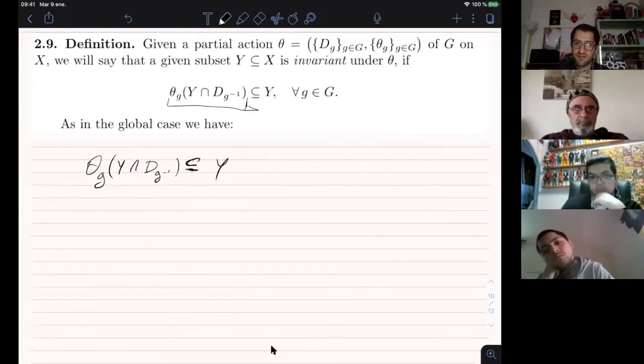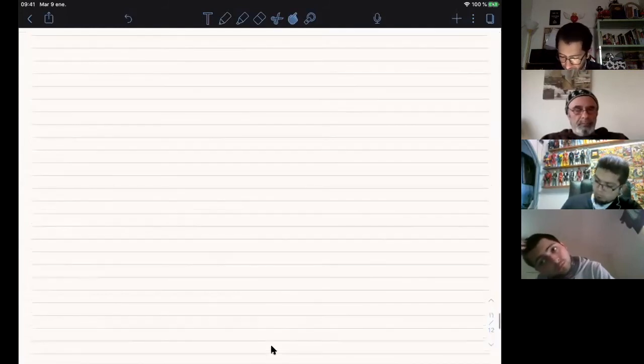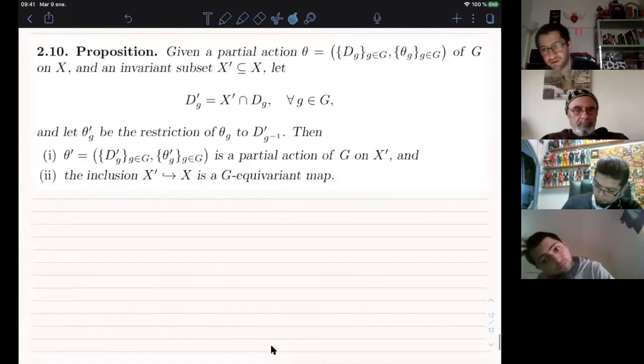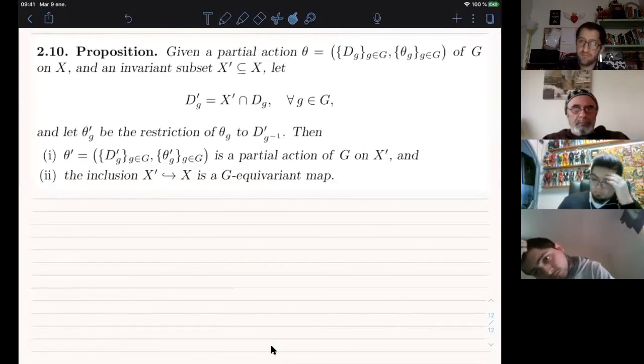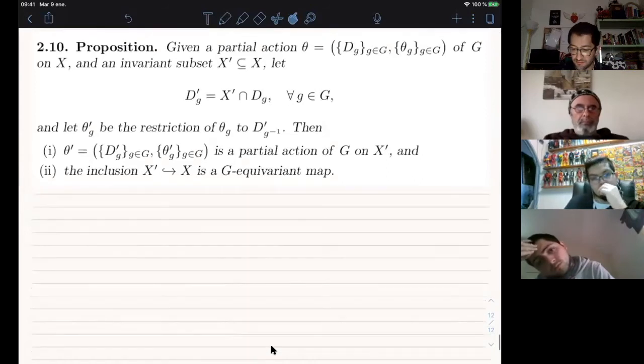Invariant sets are going to be very useful to us to define this type of objects. So now that we know what invariant sets are, we can define sub-partial actions.